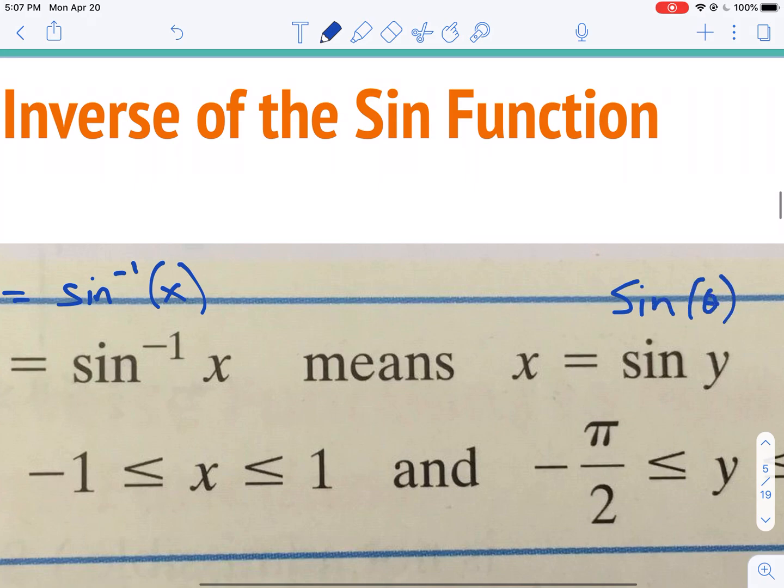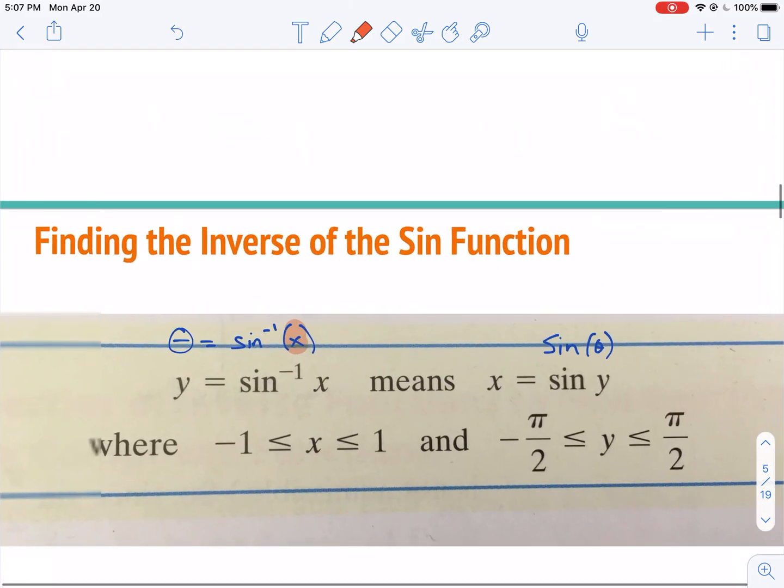I'm trying to figure out what angle, when I take the sine of this angle, gives me that x value. So whatever I have inside of the sine, I'm asking, what is it? This is a value that I know. What is the angle that makes this happen?